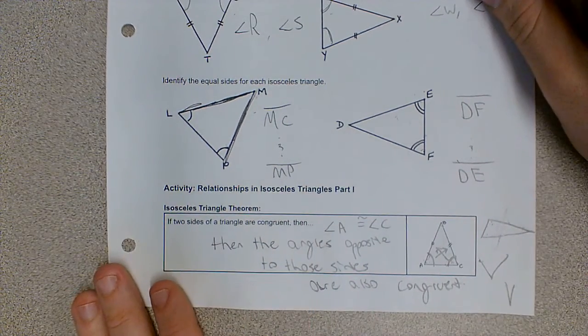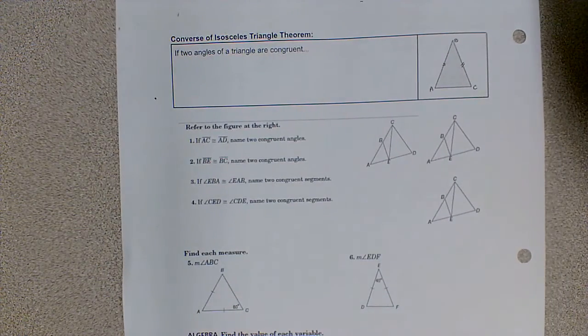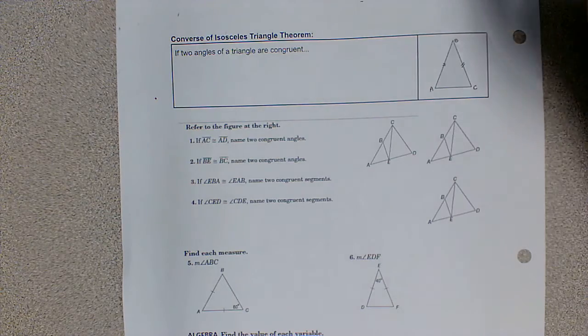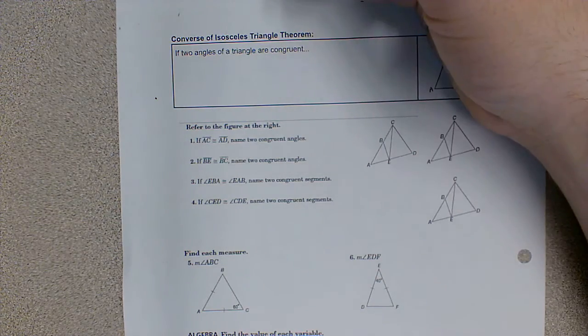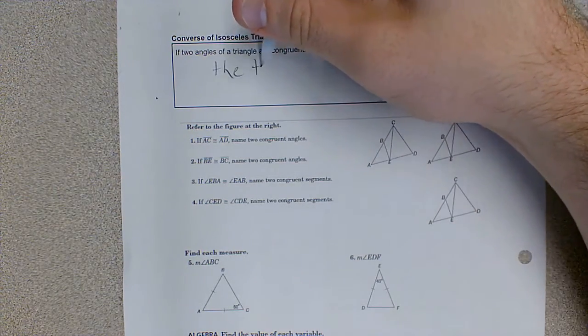Okay, once you've got that down, let's go ahead and flip it. We can also say the converse of that theorem. If two angles of a triangle are congruent, then the sides opposite of those angles are also congruent.